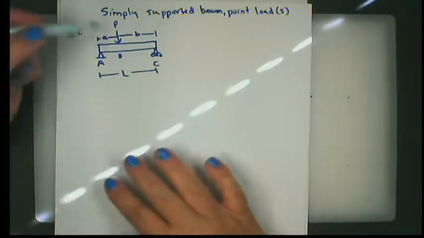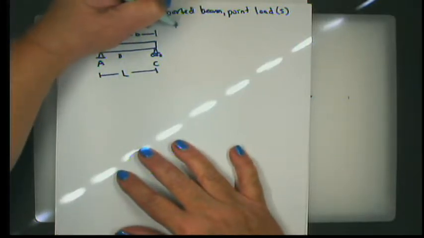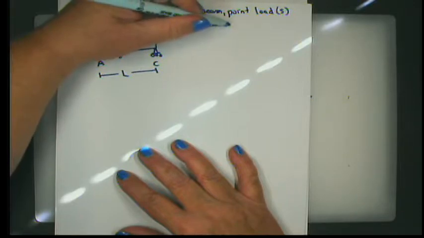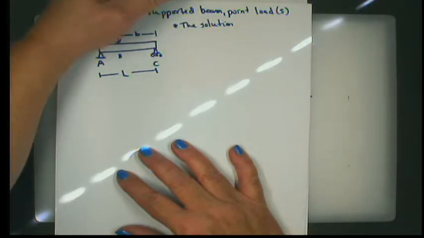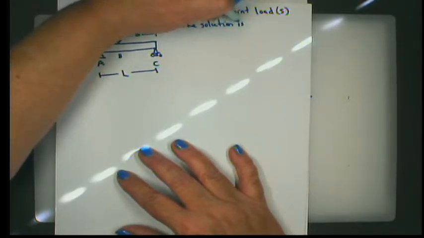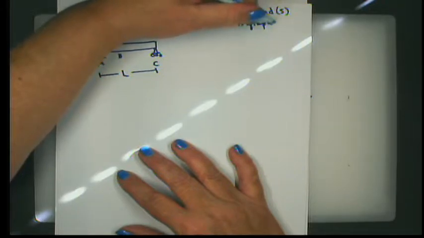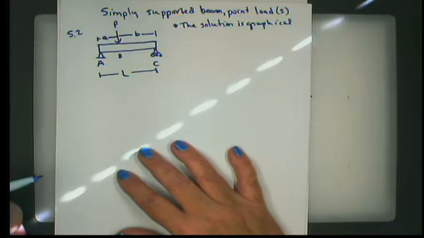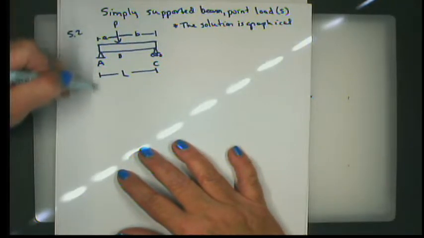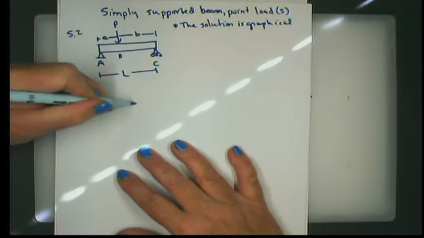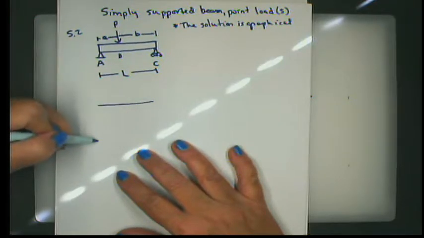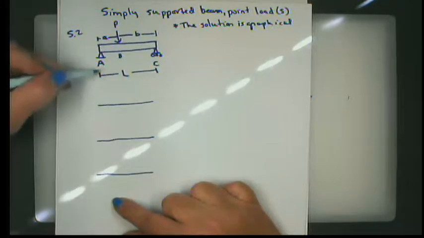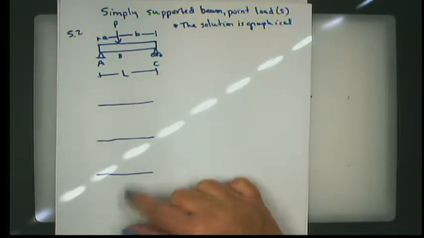Well, in other words, what I really want to point out here is the solution is graphical. And I'll show you the structure of that solution. In each of the cases in Chapter 5, we're going to have a graphical solution. Now, what this consists of are 3 lines that are stacked on top of each other that represent the length of the beam.